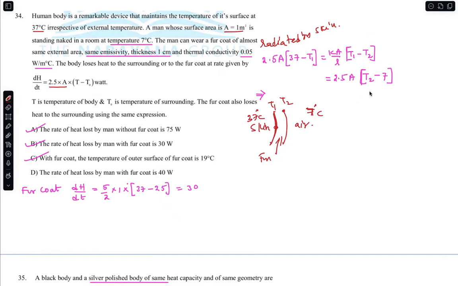Now, you have different equations again. Actually speaking, you solve these, and from the two substitutions, by solving these equations properly, you will get the value of T1 as 25 degrees centigrade and T2 as 19 degrees centigrade.